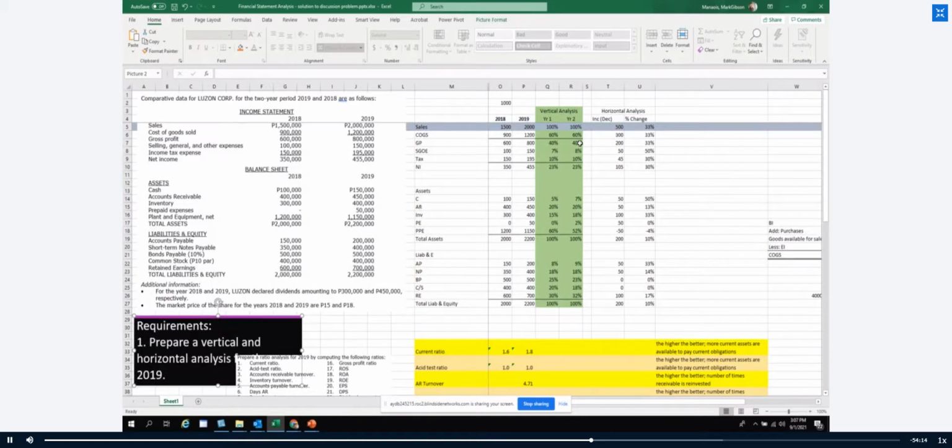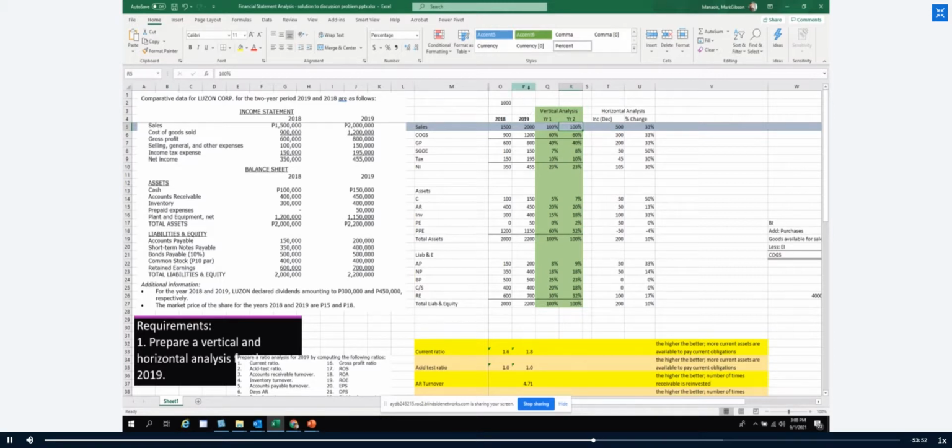If you're doing a vertical analysis for your income statement, your net sales will be your baseline. So this is equivalent to 100%. And then from there, you can work back. So how do we do that? Let's do 2019 first.